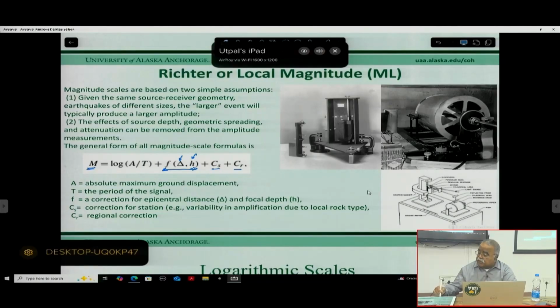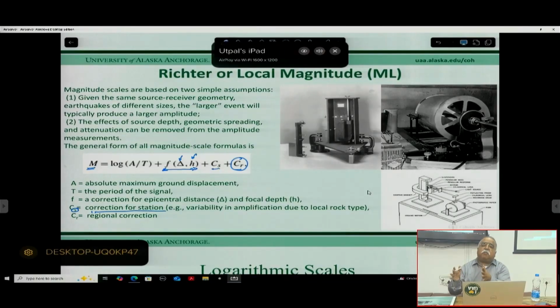So this CS is called the station correction. S stands for the station. It is a station correction because different stations have different variability because of the amplification or the rock type. And then he also introduced another term which is known as the regional correction, right? But for him, the regional correction is not a very huge factor because he was only working in the California region.